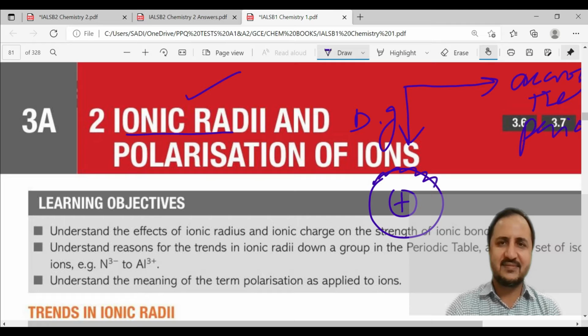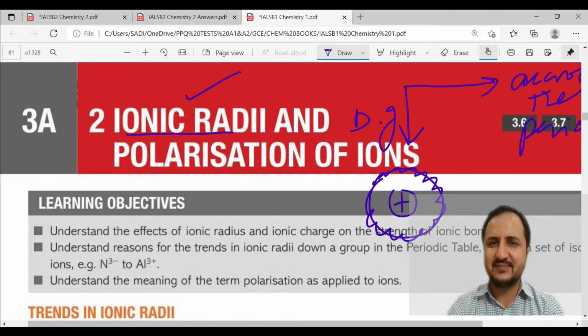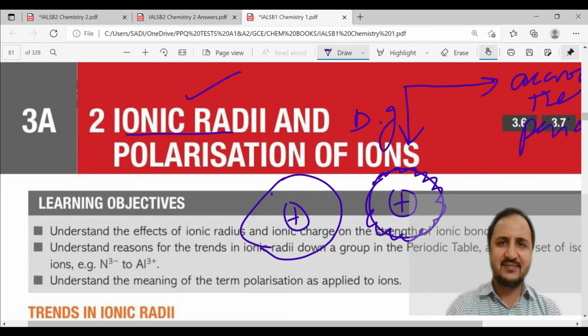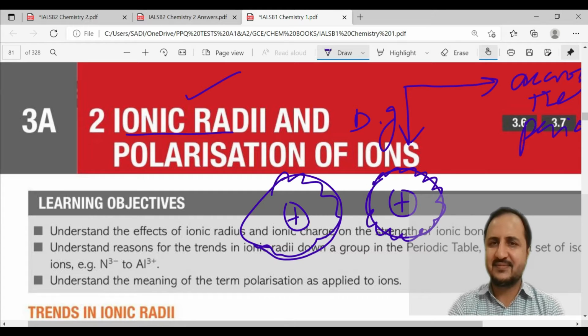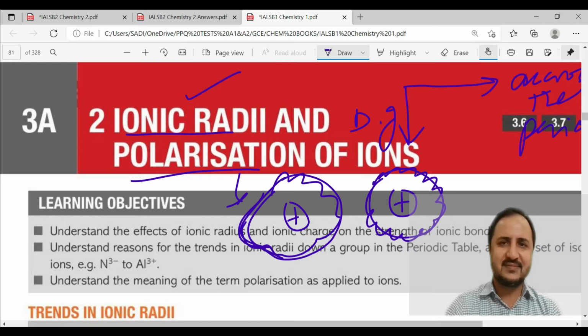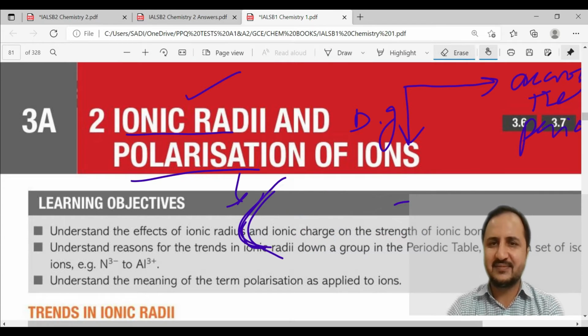Is the charge exactly here, or is it kind of disturbed like this? I mean to say this area. This is called the polarization actually.